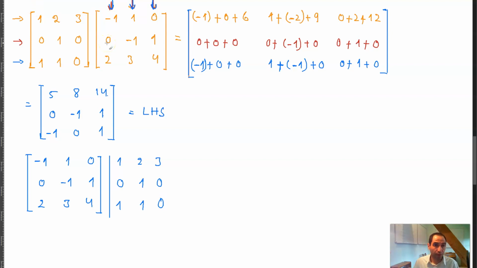Okay, so now the same multiplication in the reverse order.